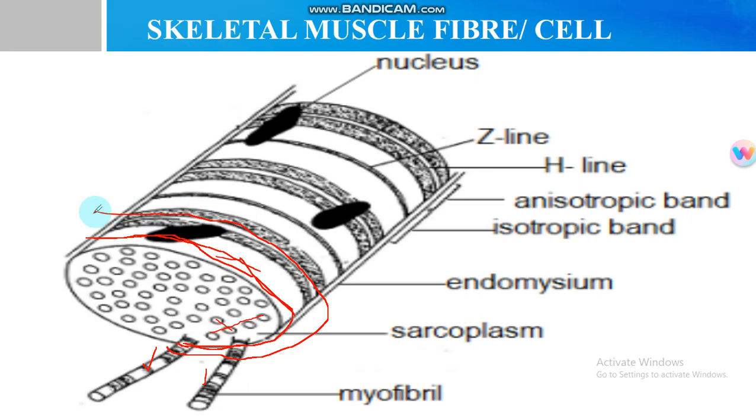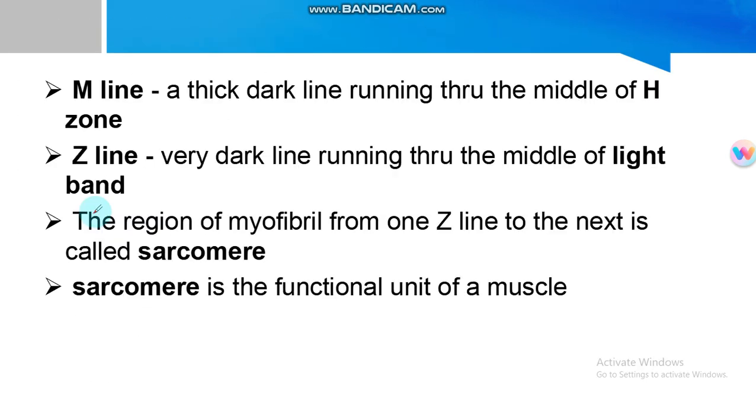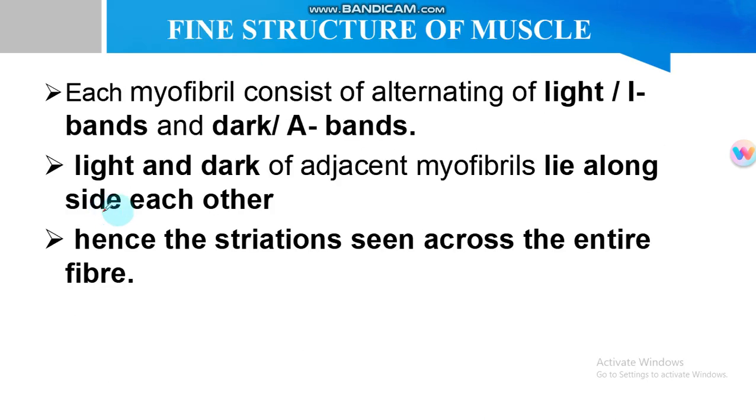That's what we mean by this statement, that the light and dark bands are adjacent to each other, or they lie side by side to each other. Now, because of that, they produce those continuous light and dark bands, which we call the striations or the stripes in the entire muscle fiber.